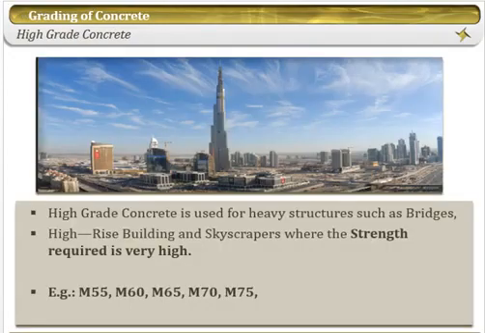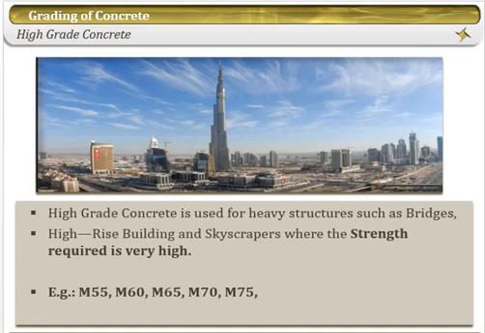Firstly, we discuss the high grade concrete. The high grade concrete is used for heavy structures, such as bridges, high rise buildings, and skyscrapers, where the strength required is very high because of the high self weight of the concrete and multi-storey buildings.